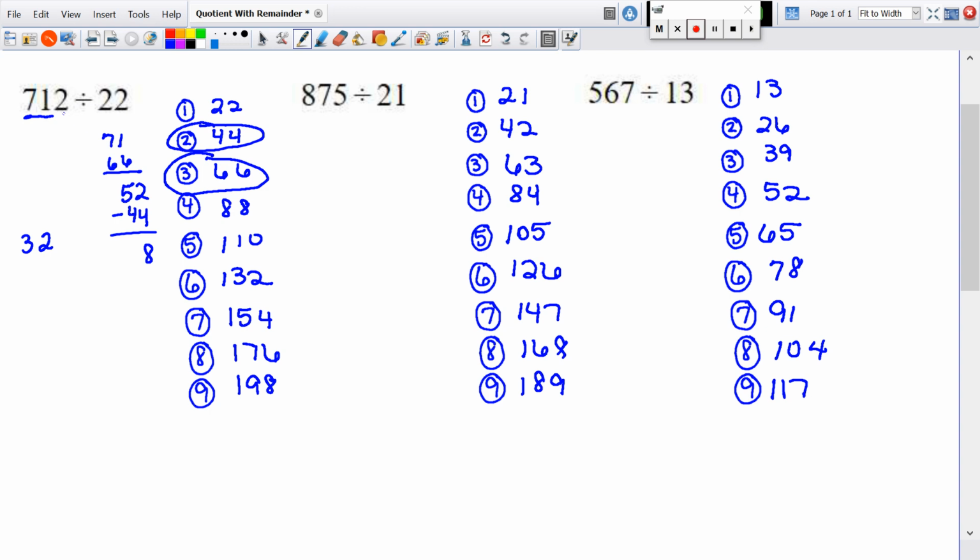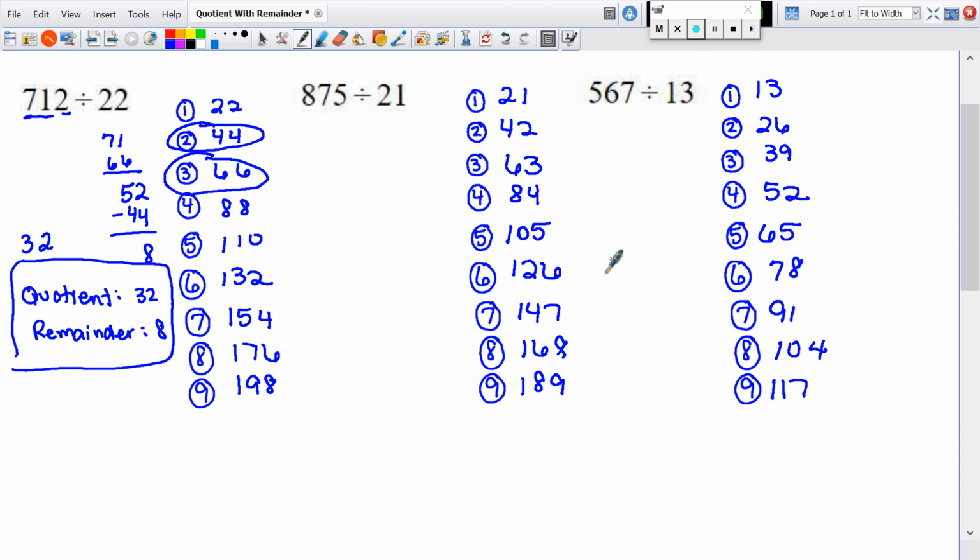But you have just used all the numbers, so you are finished. So the quotient is 32, and the remainder is 8. And you did that without multiplying. You did it with addition and subtraction.